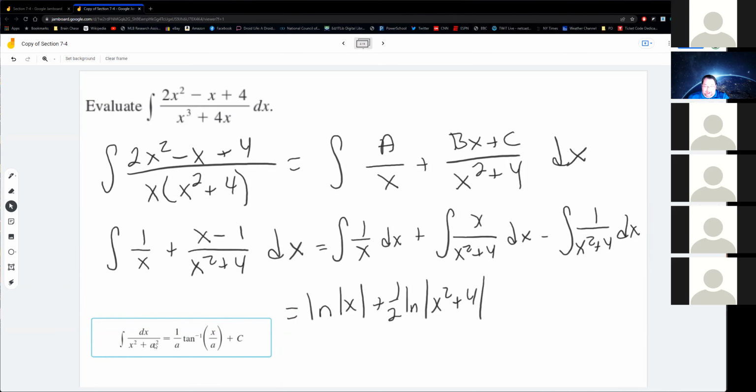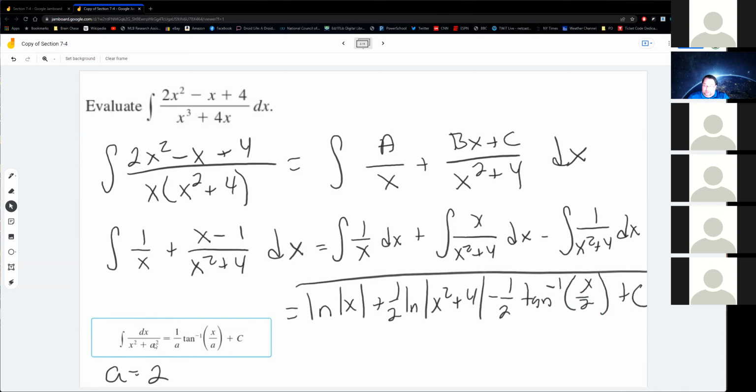So in this problem, my a is 2, because 2 squared would be the 4. So this problem is 1 over 2 times the arctangent of x over 2, plus 2. That's how you'd write the final answer.